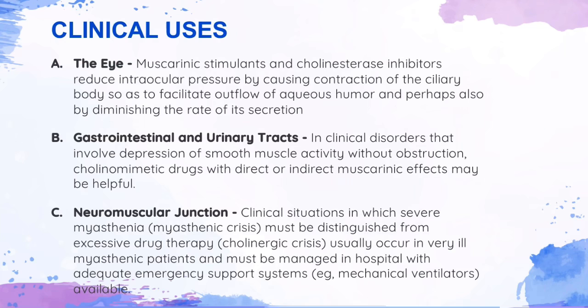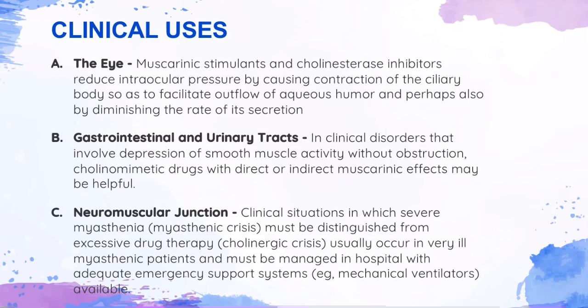they reduce intraocular pressure by causing contraction of the ciliary body so as to facilitate outflow of the aqueous humor, and perhaps also by diminishing the rate of secretion. In GIT and urinary tracts, in clinical disorders that involve depression of smooth muscle activity without obstruction, cholinomimetic drugs with direct or indirect muscarinic effects may be helpful.